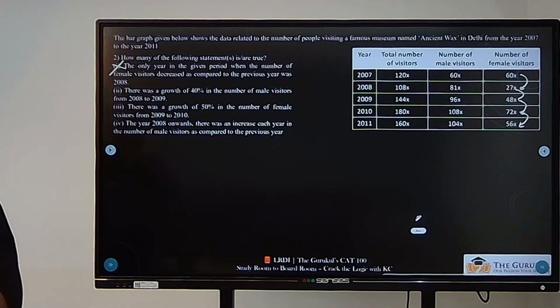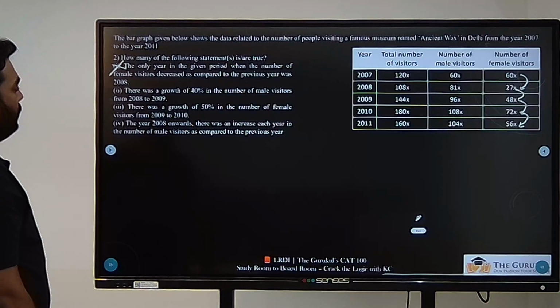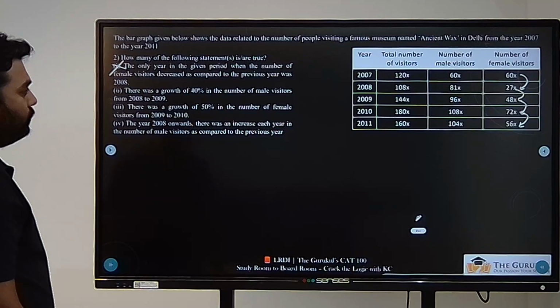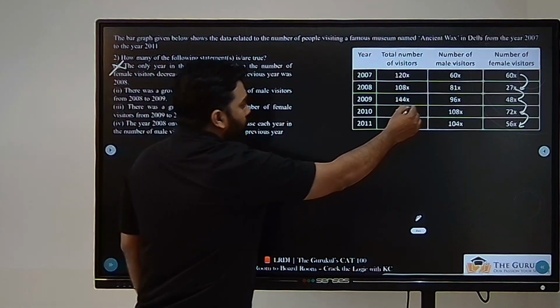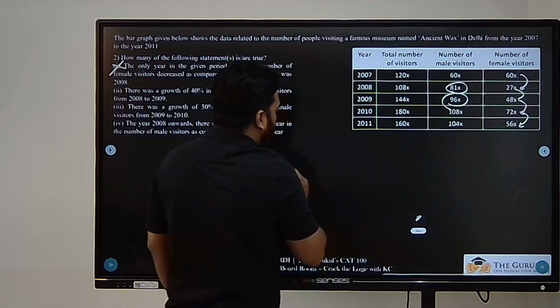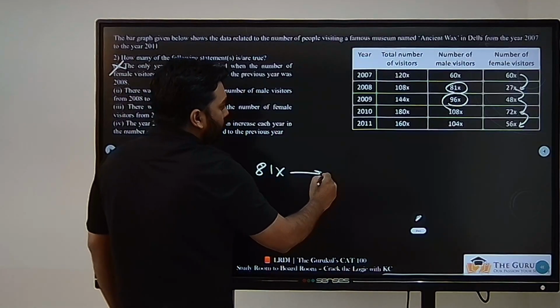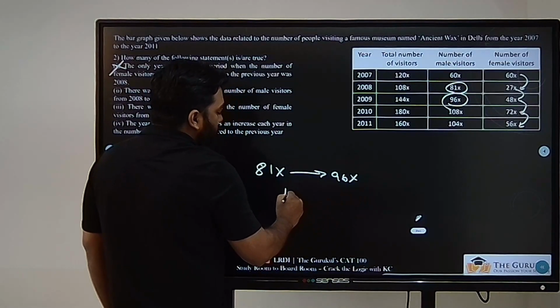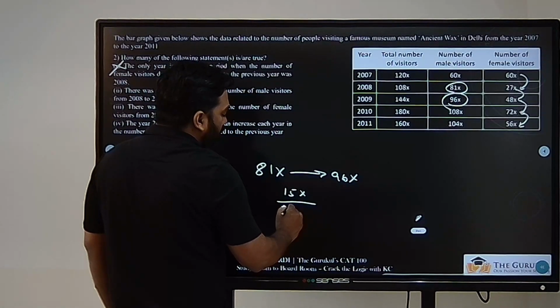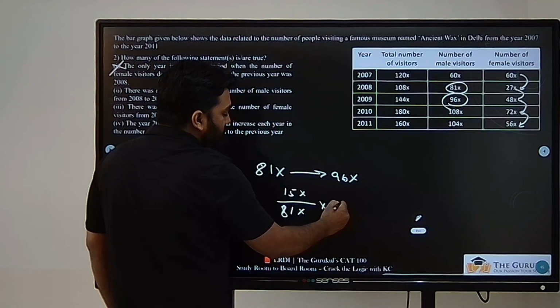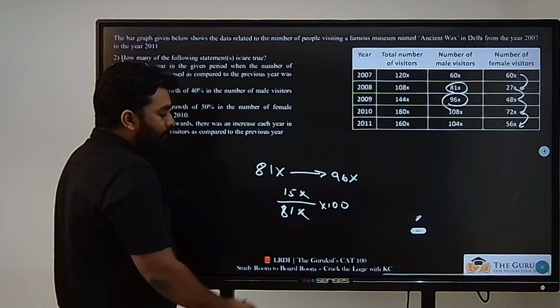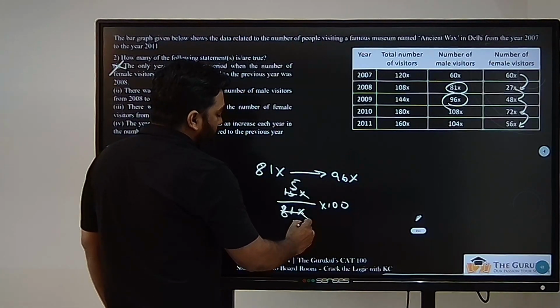So that is not the answer. Next. There was a growth of 40% in the number of male visitors from 2008 to 2009. 8 to 9 male visitors are 81x to 96x. So 15x increase on 81x, we want percentage multiplied with 100. 3 5 is 15, 3 27 is 81.